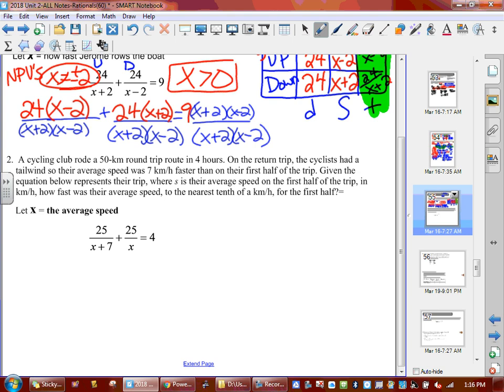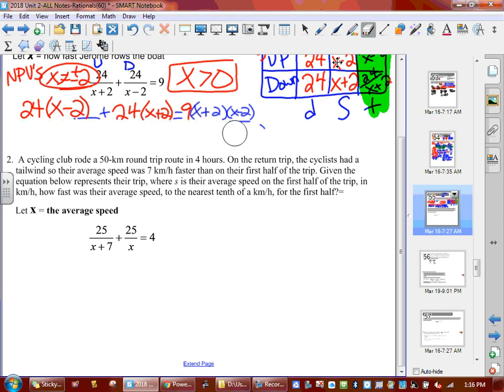Now we can get rid of the bottom. Are we okay if I wipe the bottom off? Here goes the bottom. So what we're doing now is we're going to multiply into the brackets. Does everybody understand that this is a difference of squares that was factored?